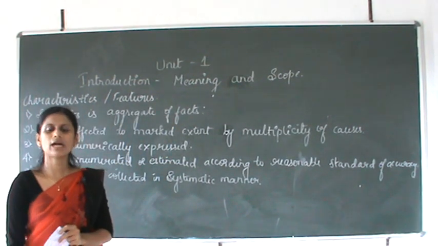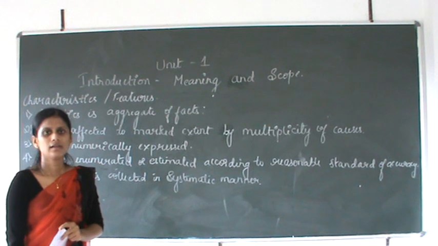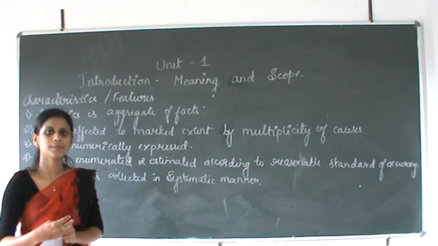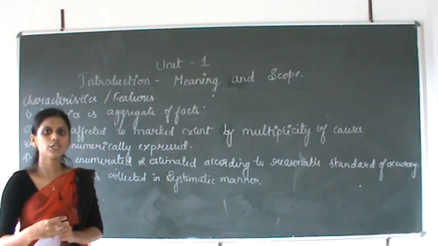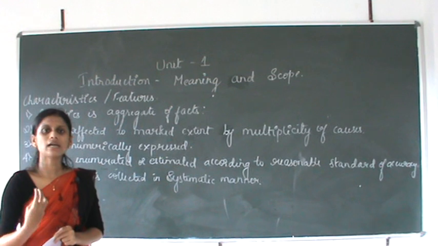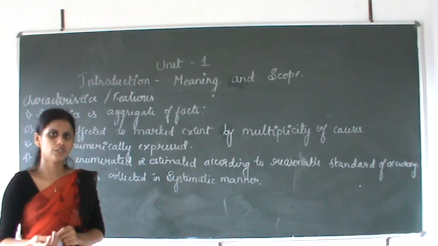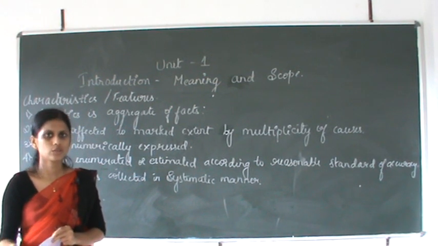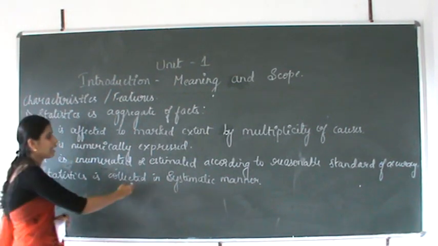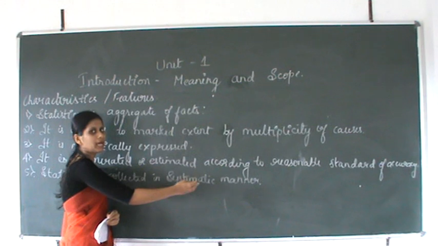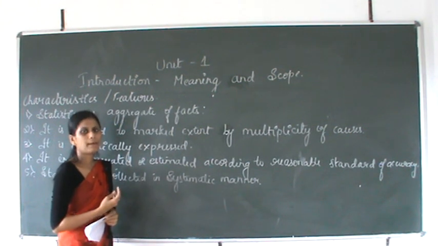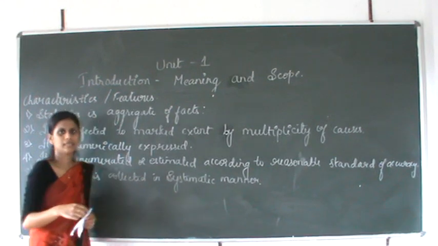When you collect the statistical data, the method of collection should be planned as well as scientific. If you collect the data in a haphazard manner, then you can't come out with a valid conclusion. Your conclusion will go wrong. So whenever you want to collect data in statistics, you have to follow a systematic manner, that is planned, and apply scientific methods to collect the data.